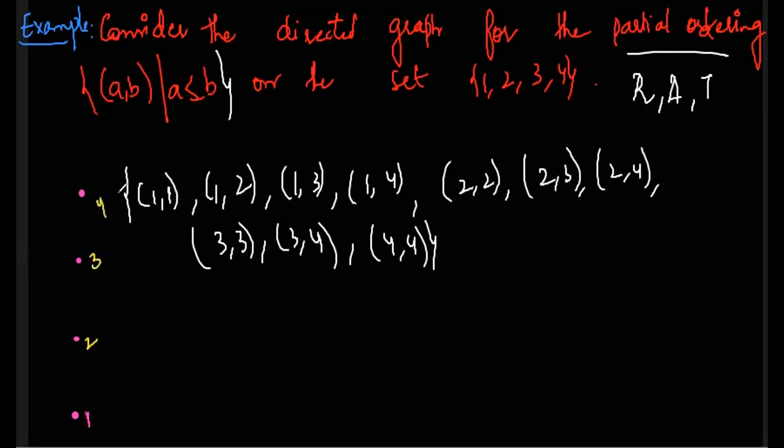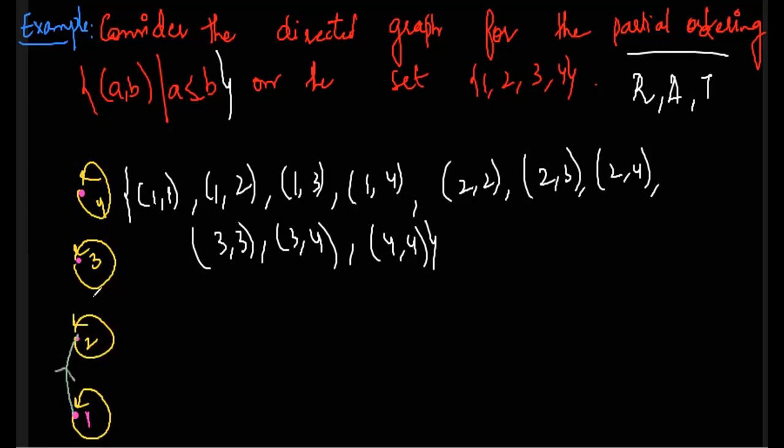4. Now, we know that it is reflexive, so we can draw the self loops: 1,1, 2,2, 3,3 and 4,4. After that, we have a relation from 1 to 2.